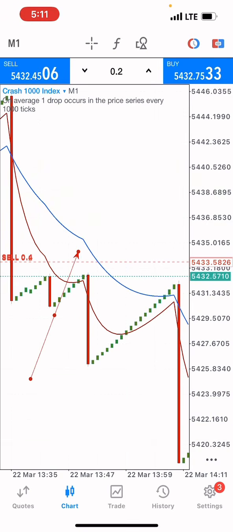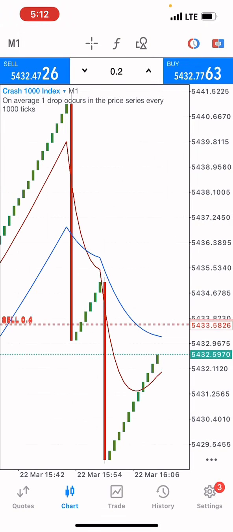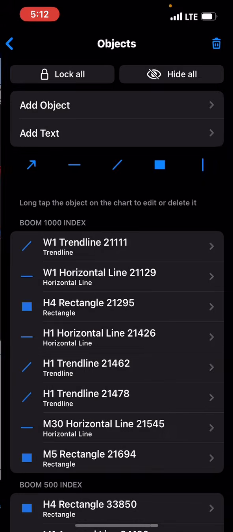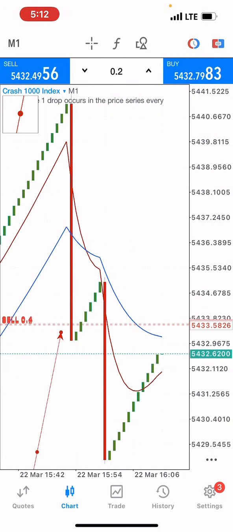Let me go to the exact trade we are in right now, the exact place where I took the trade from. Here you can see that price, after having spiked the first time, which is this one, that was my prompt to sell. So I took my sell from here.